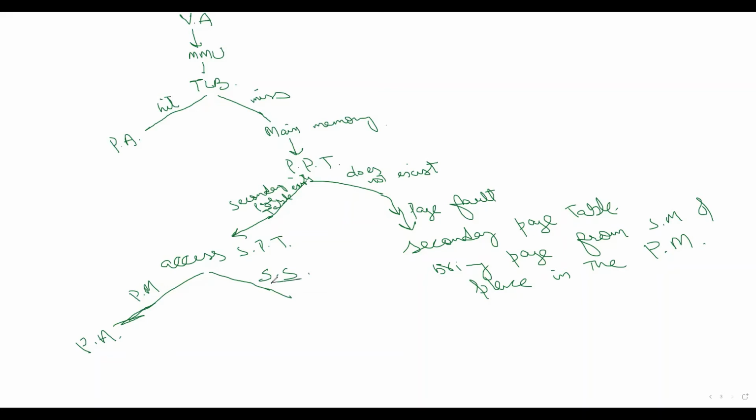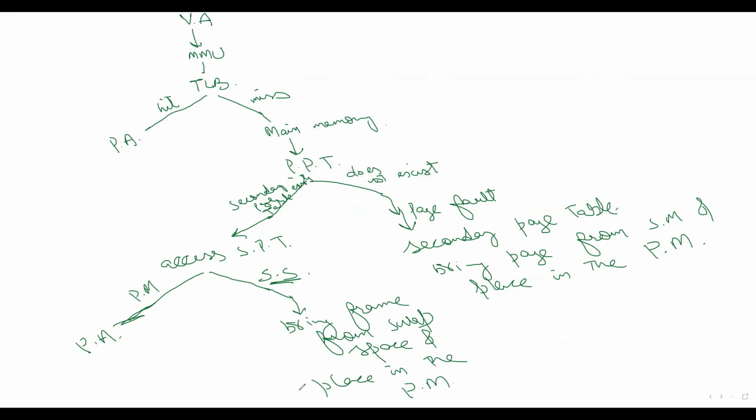However, if it is in swap space, then we have to bring the frame from swap space and place it in the primary memory.